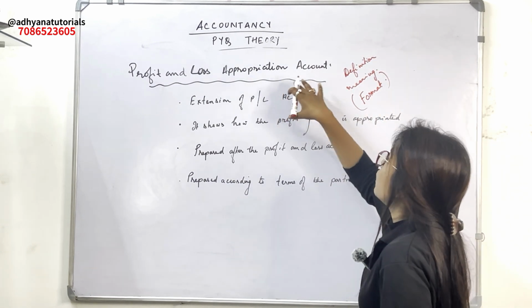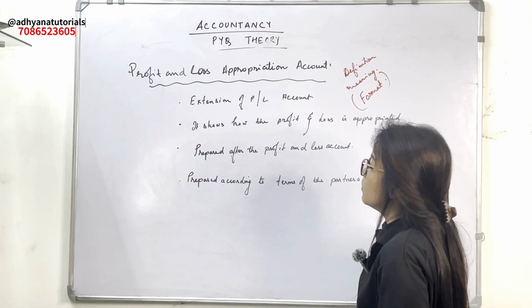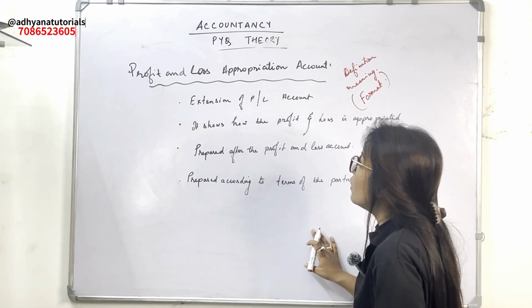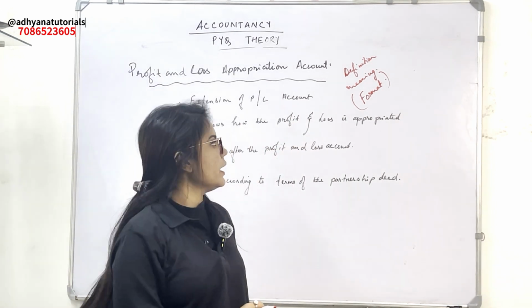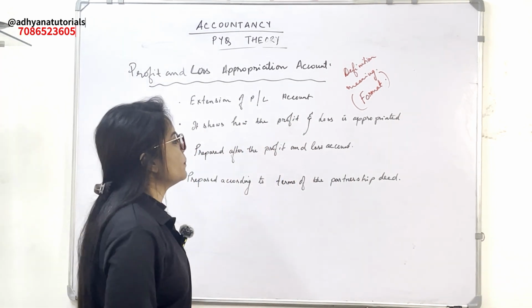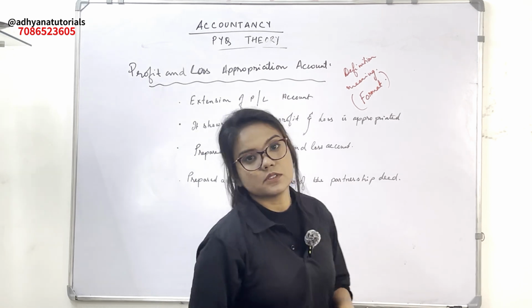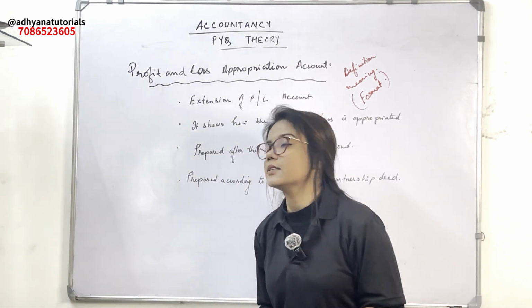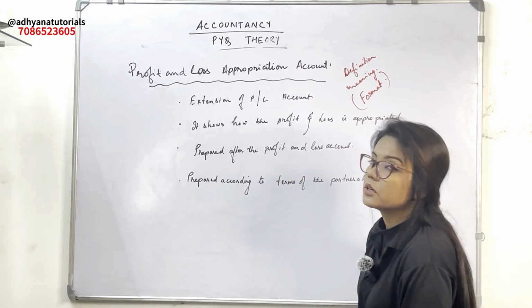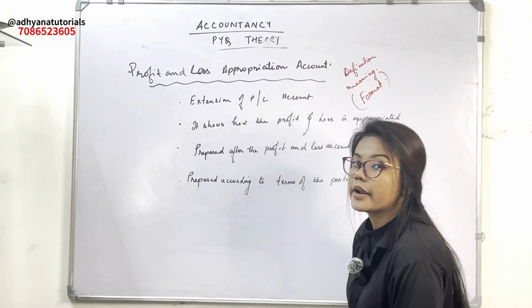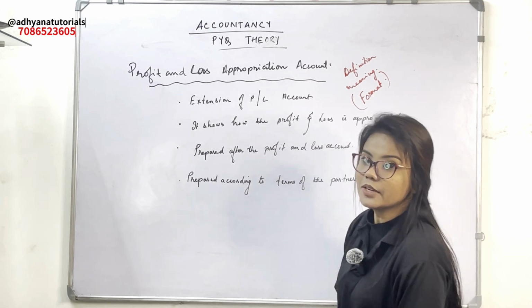The format of profit and loss appropriation account will be most important for you to know how exactly this account looks and how the profit and loss is appropriated. Do follow BB Dam sir's book, especially the SEBA students, so that you know what sort of account this is and how the practical is carried out under this account.